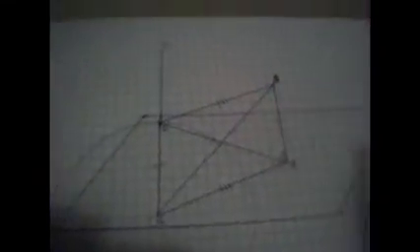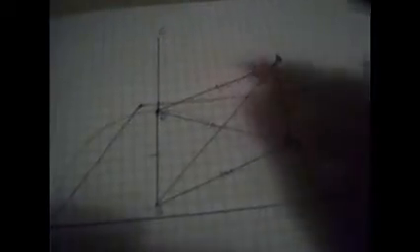Therefore, the angle ABE, well, what's the angle ABE? Well, that's this one right here, and it's 90 degrees, is equal to the angle EDA. Well, what's EDA? That would be this one right there. Those two angles are equal. And that's by Euclid Book 1, proposition number 8.